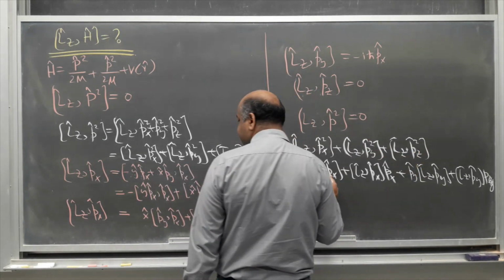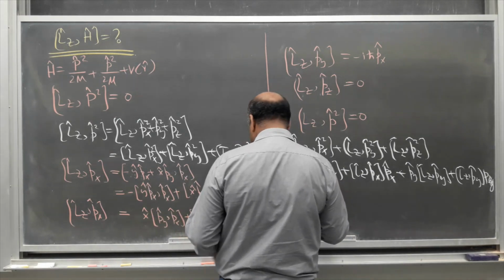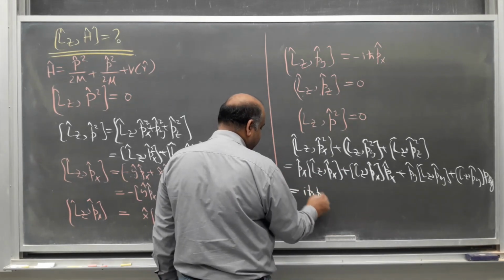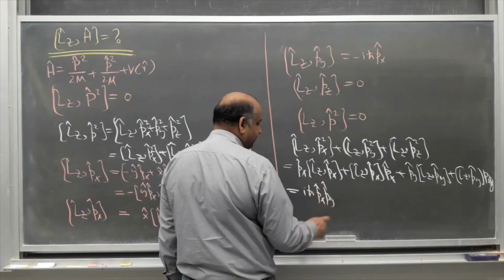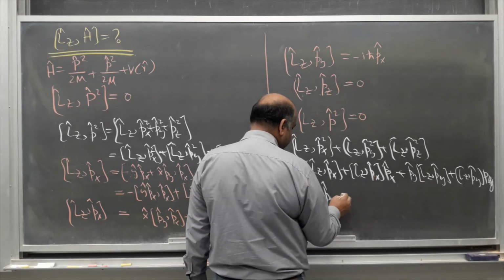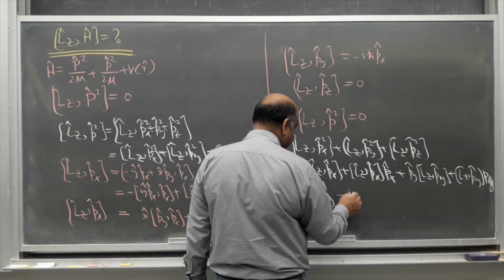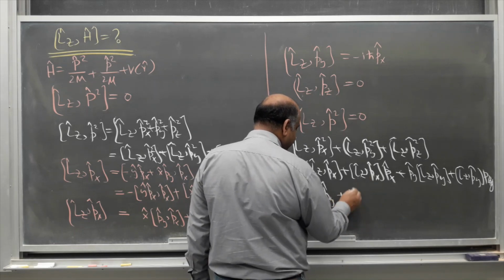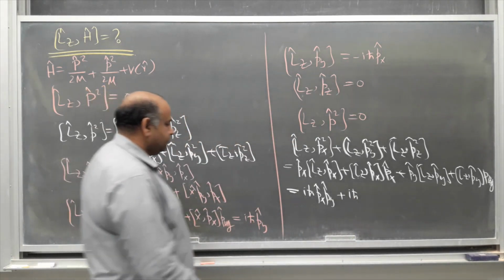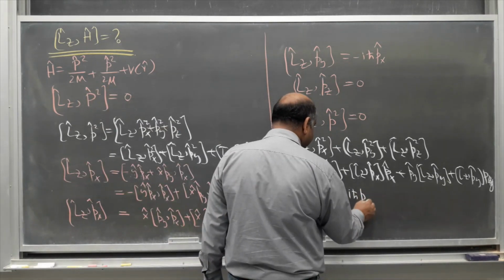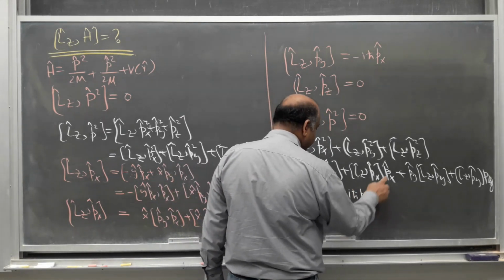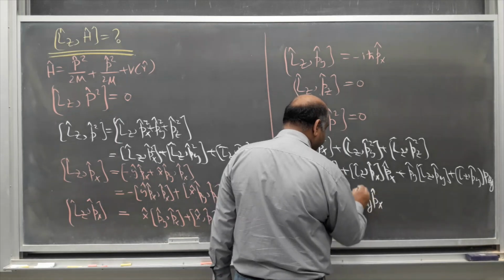Okay, this Lz px is iota h cut py, so I get iota h cut px py, and this Lz px is again minus, right? So this is still plus iota h cut px, so this is py, and this is px.